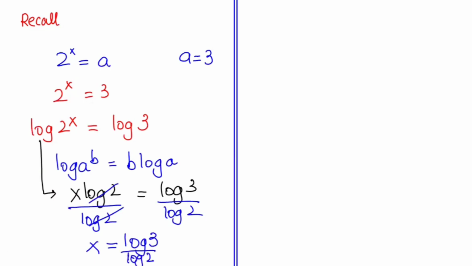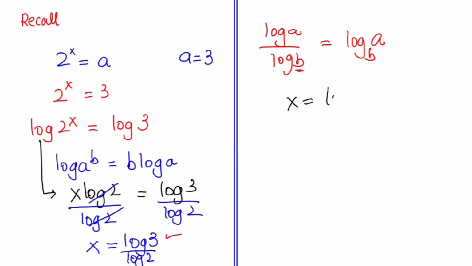Now we're going to use another logarithm rule, that log of a over log of b can be written as log base b of a. Here this denominator turns to the base. So this can be written as x equals log base 2 of 3. So this is our x value.